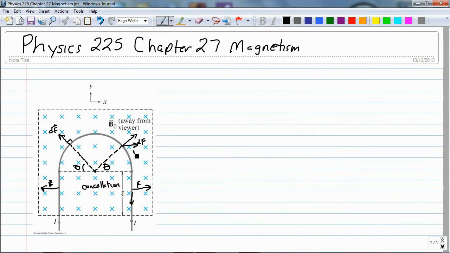My x direction, this is going to be differential force in the x direction, and I'm going to have a differential force in the y direction, and same here, have y going up and the x going towards the left. So you notice that the x components cancel out, and all we're left with are the y components.